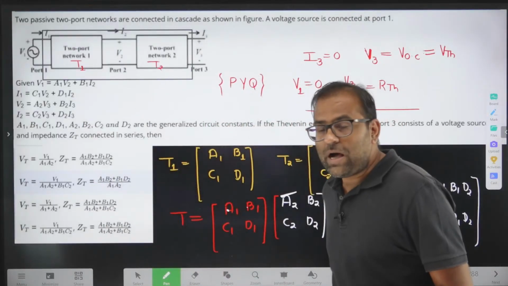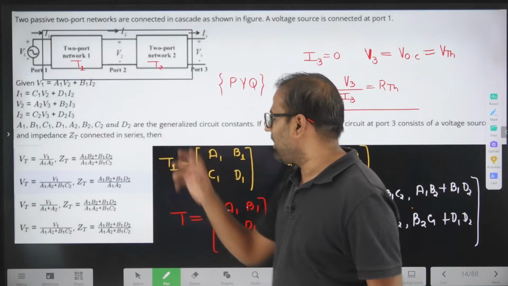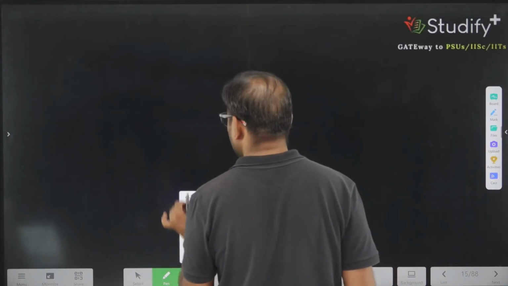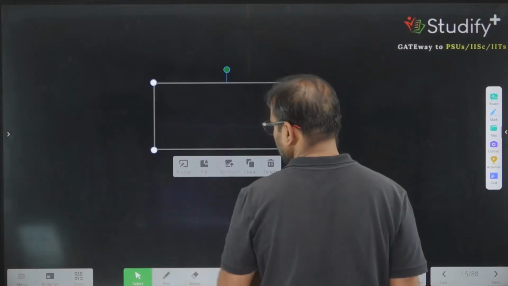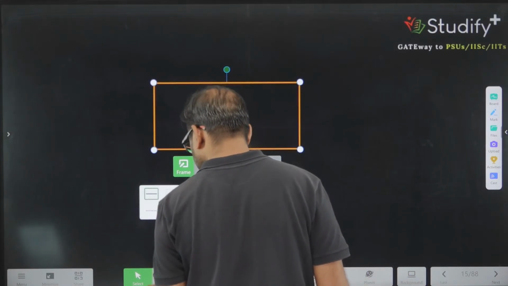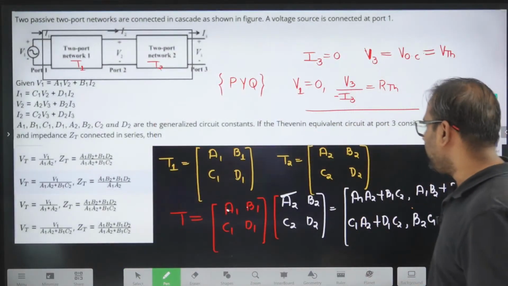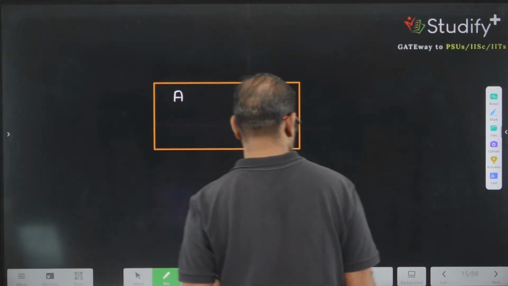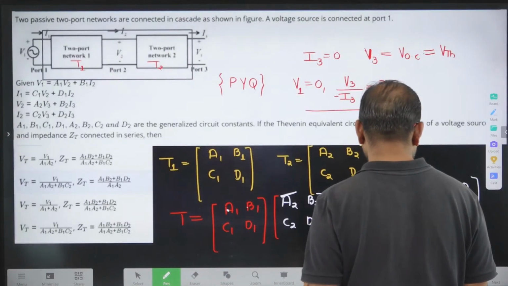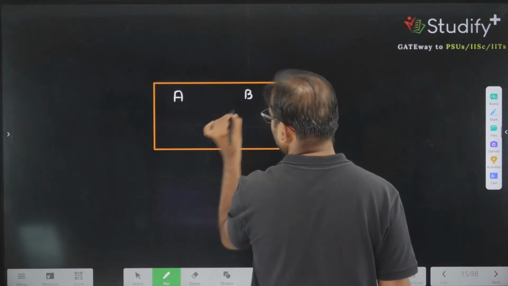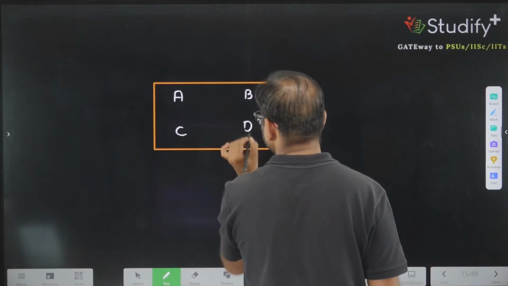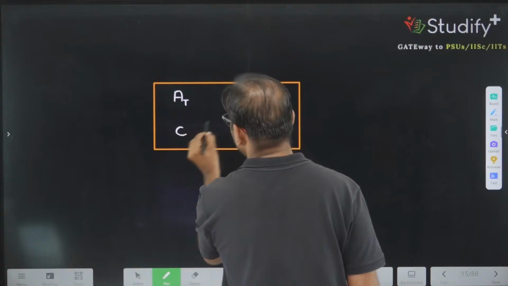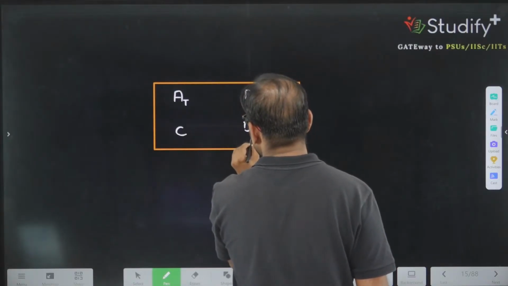Now I can replace this whole thing by these values. If I have the two-port network, let's make it large. Our two-port is A1 A2 plus B1 C2. Let's write it A, B, C, D, or let's write it A total, B total, C total, D total.